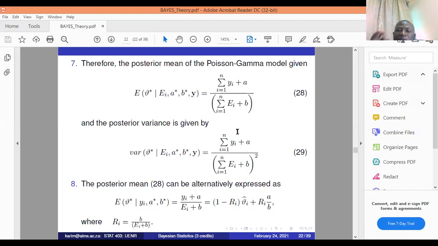Can you guys see the slides? Yes, sir. All right. One of you was drawing things on the slide. I don't know what was happening. Yes, sir. So I've removed him. So let's continue. Okay.